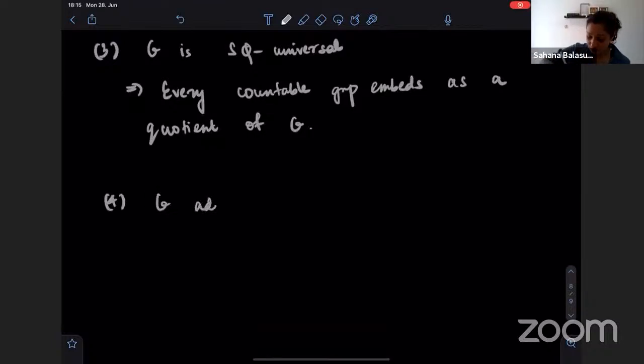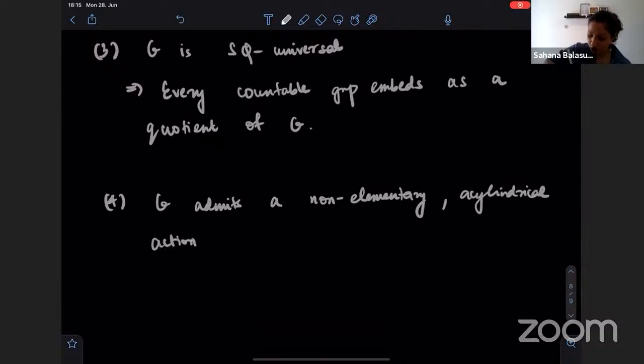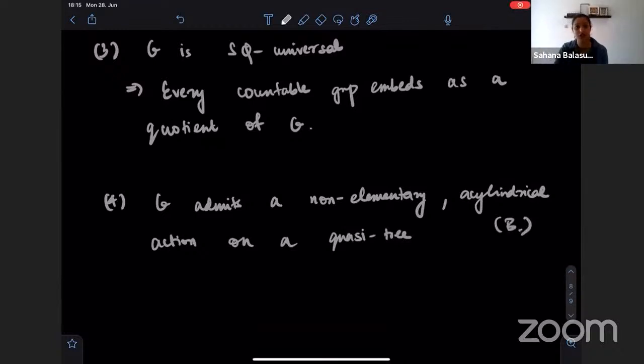So G admits a non-elementary acylindrical action on a quasi-tree. And this was work that I did as part of my PhD thesis. And in fact, what you can show is that if G is acylindrically hyperbolic, there's not just one such action.